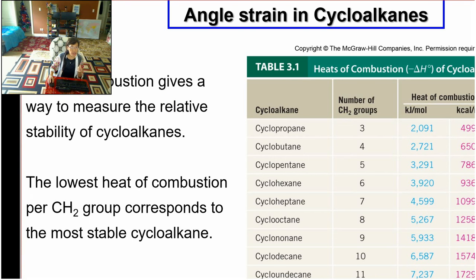The heat of combustion is a way for you to measure the relative stability of cycloalkanes. Normally, the smaller this heat of combustion, the more stable the related compound is, compared with regular alkane.